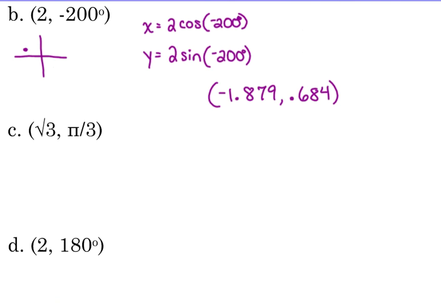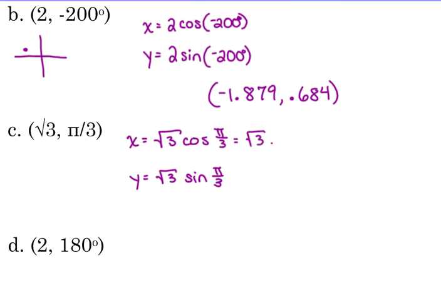All right, 2 more here. Square root of 3, pi over 3. X equals the radius times the cosine of the angle. Y equals the radius times the sine of the angle. So the cosine of pi over 3 is 1/2. So that's equal to the square root of 3 over 2.